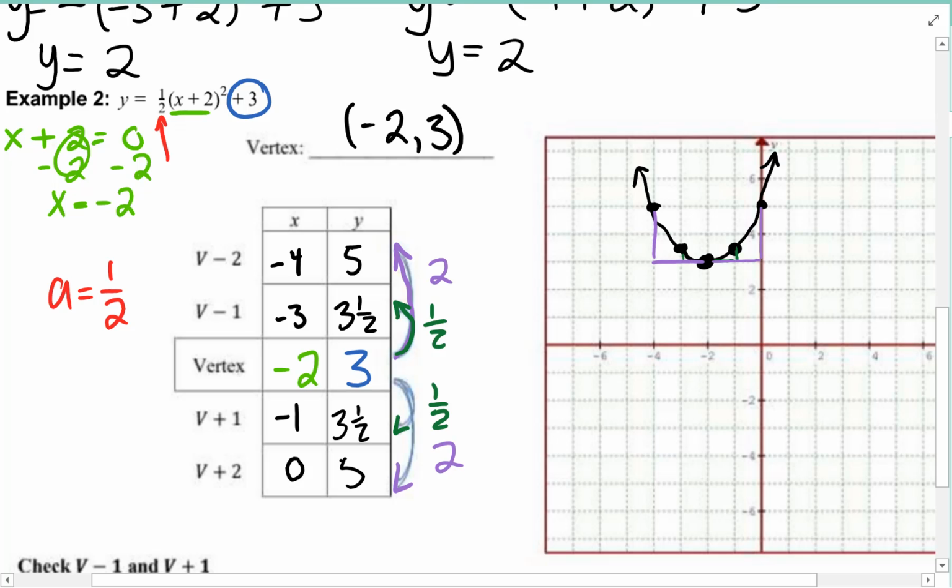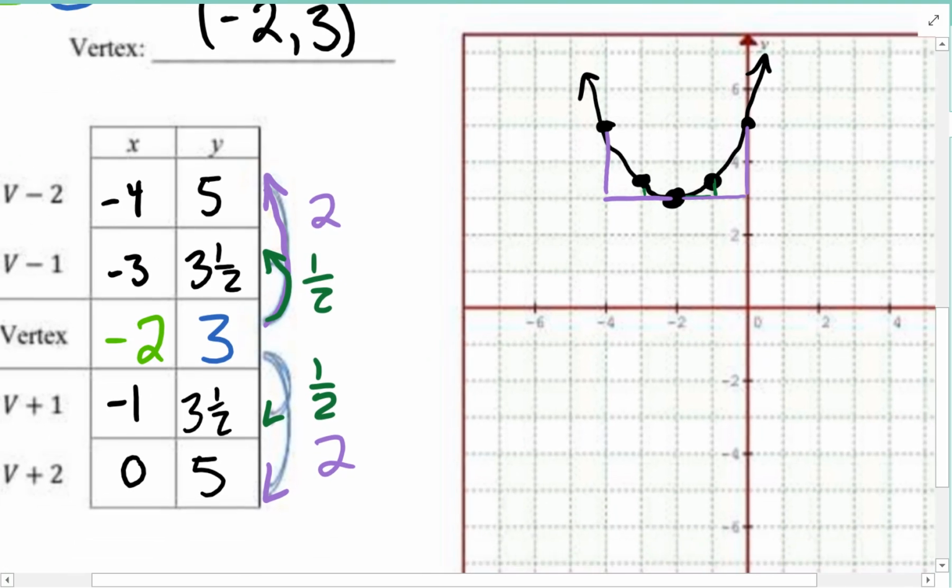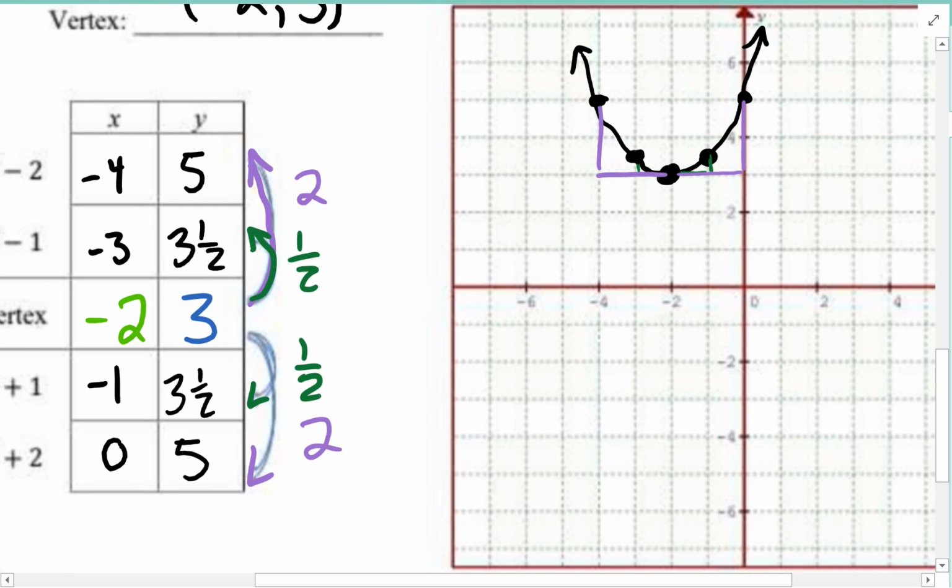Let's check if those are the correct points. Negative 4, up 5, yes. This one is negative 3, and the y value is halfway between 3 and 4, so that is 3.5, and so on.